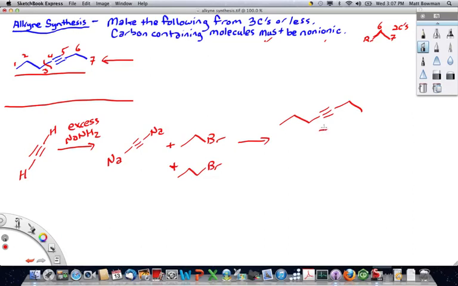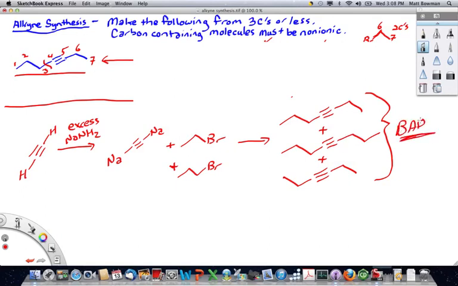But you would also get two products that you don't want, where you have both propyls or both ethyls. So instead of getting the product that you want as the major product, you get a mixture of all of these products, meaning this is bad.